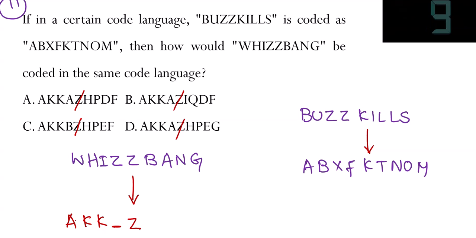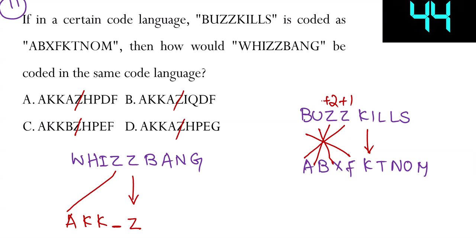All options. Now see, ZD is related to A. Here also ZD is related to A. You understand what is happening. Next letter plus 1, this is plus 2, plus 3, plus 4, plus 1, plus 2, plus 3, plus 4. You can see I plus 2, H plus 3, W plus 4, W is 23, 23 plus 4 is 27. 27 means A letter only.